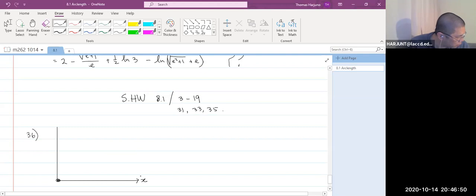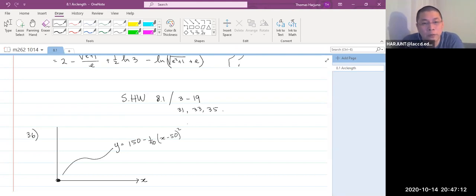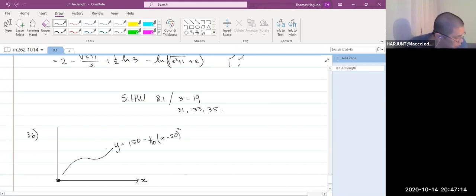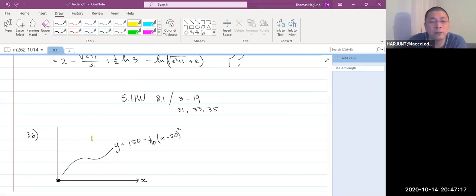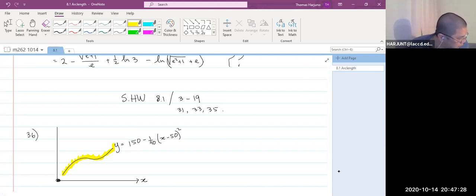Now the height from the ground is given by y equals 150 minus 1 over 40 times x minus 50 squared. Now that's the trajectory of the kite. The question is, find the distance traveled by the kite, as if the kite actually traveled along this path here. Now we want to find the distance traveled by the kite.